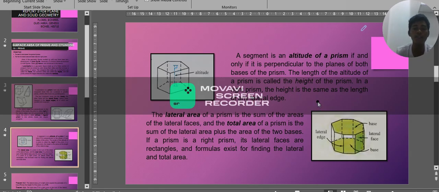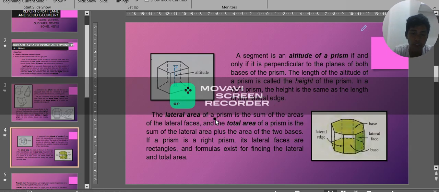The altitude of a prism is the distance from the first base to the second base. When you are asked about the altitude or the height, they are the same thing.